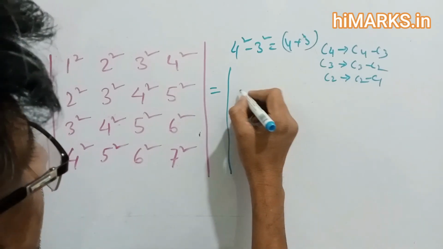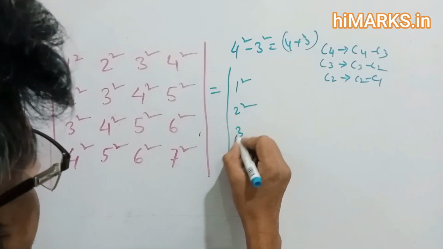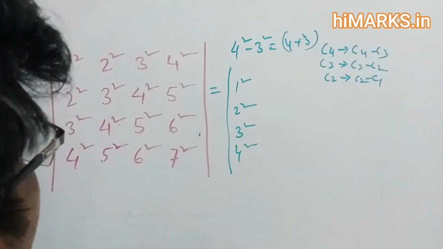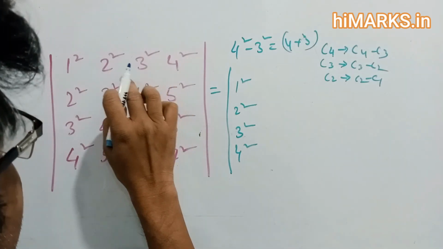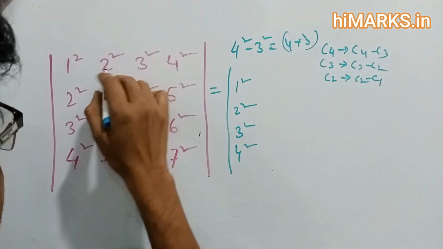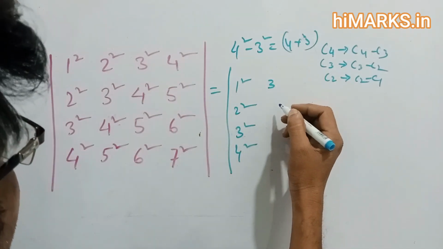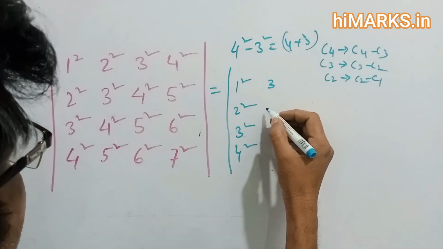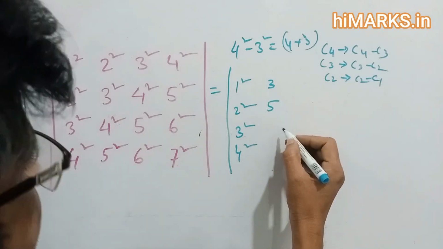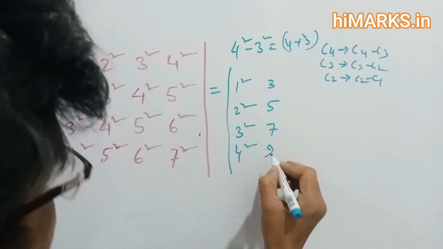Let's try it, and we'll modify it if it is not working. So this will be 3, 5, then 4 plus 3 is 7, and 4 plus 5 is 9.